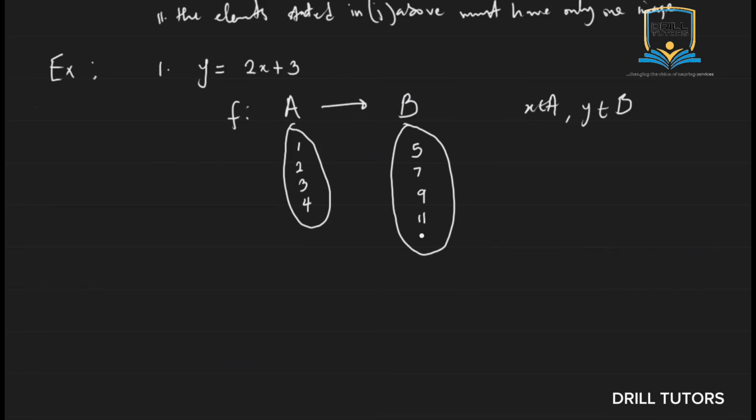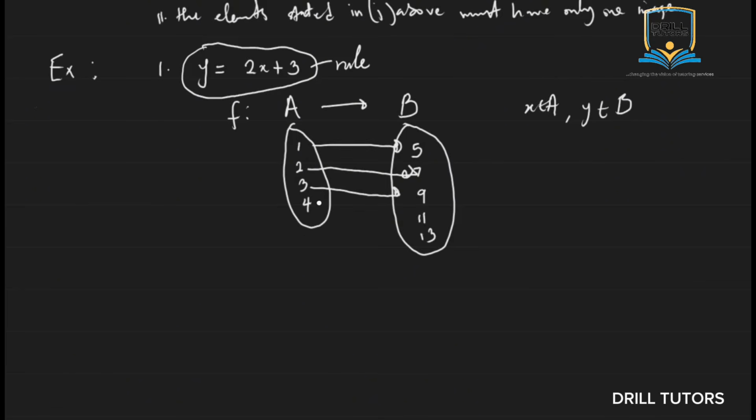Now let's say I still have another element here, maybe 13. From this rule, we said function is a rule that assigns elements. Now 1 maps to 5, 2 maps to 7, 3 maps to 9, 4 maps to 11.